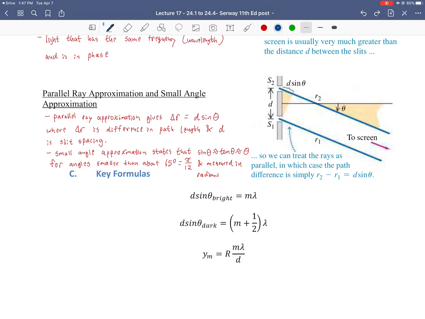Let me label those, the bright and dark. Okay, so this one would be the formula of constructive interference. I know sometimes it seems strange to refer to interference as giving you a bright spot because you think, oh, well, then that's more like they're helping each other out. They're not interfering. But you get the idea.